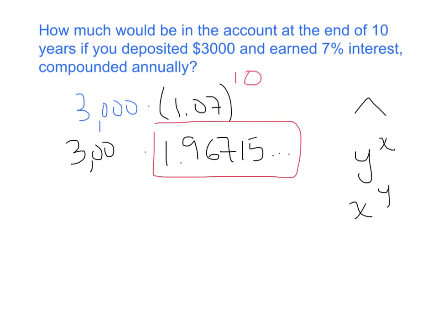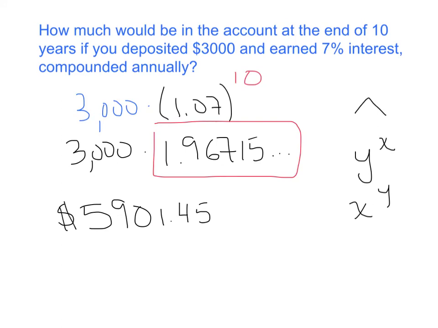In other words, we started with 3,000, and at the end of 10 years, we're going to have 1.96715, etc., times our original amount, in this case, times $3,000, which is going to give us a total of $5,901 and approximately 45 cents.